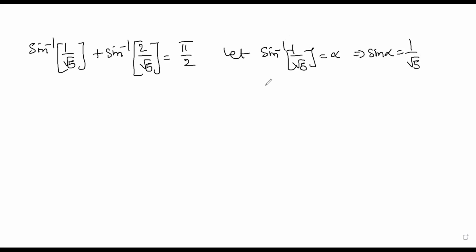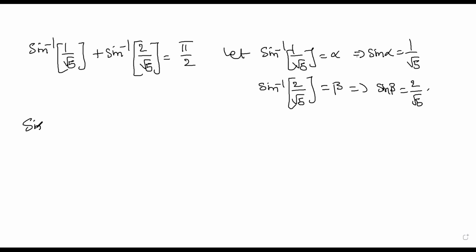Similarly, sin inverse 2 by root 5, let us assume that is equal to beta. So sin beta happens to be 2 by root 5. Now let us do sine of alpha plus beta. That is nothing but sine alpha cos beta plus cos alpha sine beta.